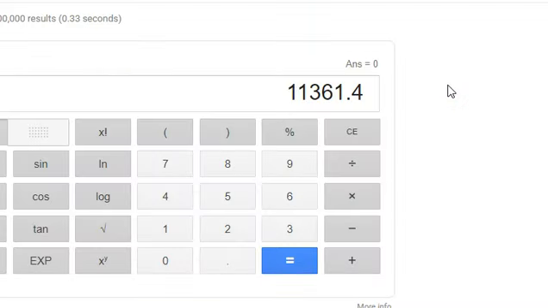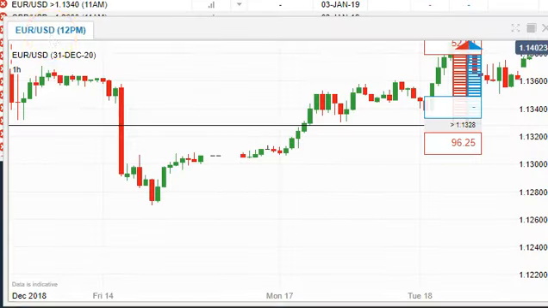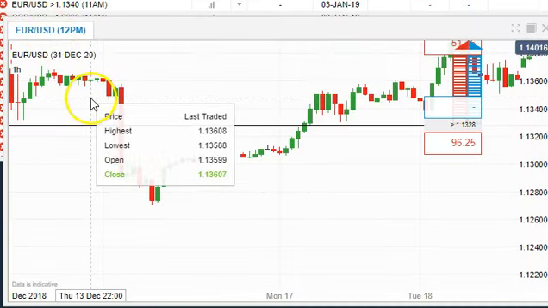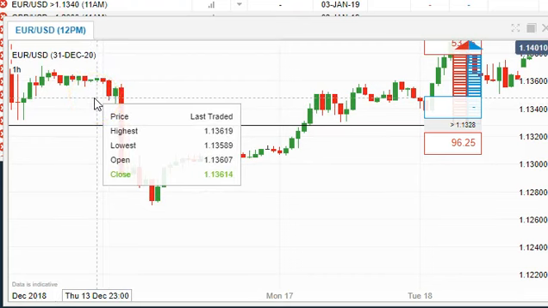I usually calculate this on my phone, but I'm not going to do that for this video. So easy way to do it, Google Calculator. I like Google Calculator in this instance because they don't put the commas after every thousandths place. And I just think it's easier to calculate that way for myself. So again, the number was 113.61.4.